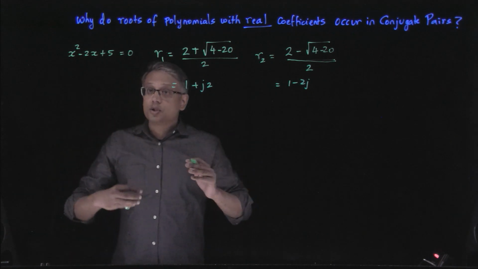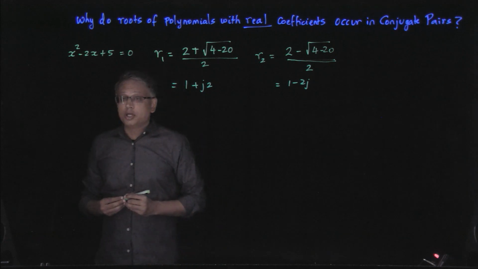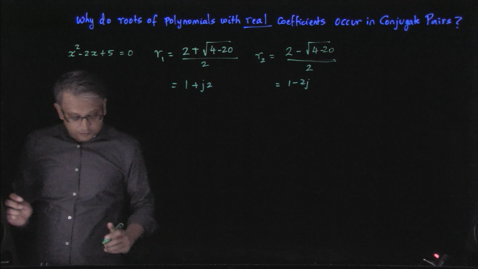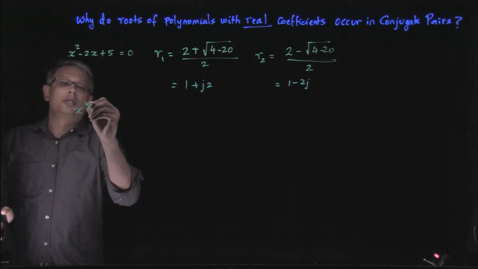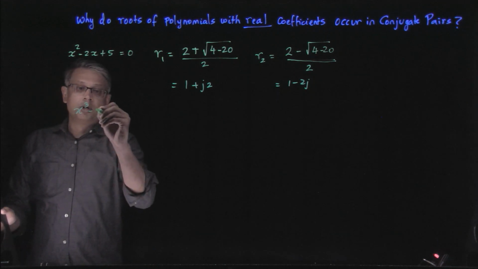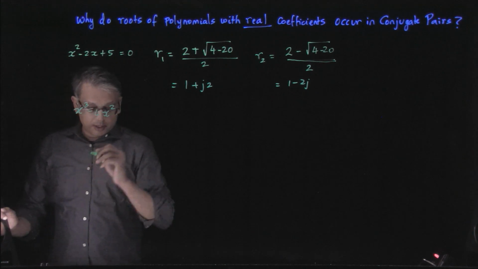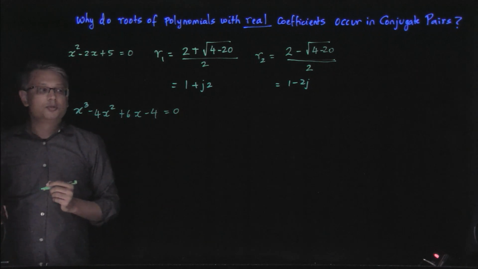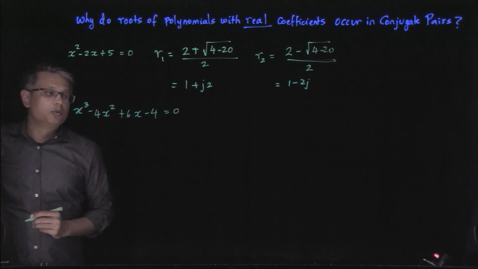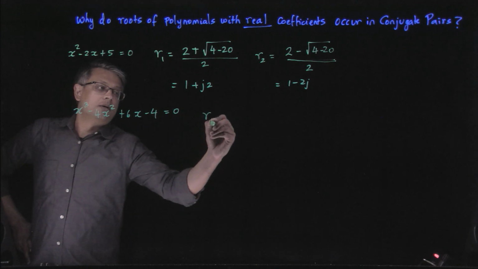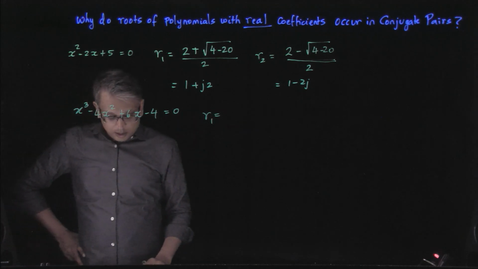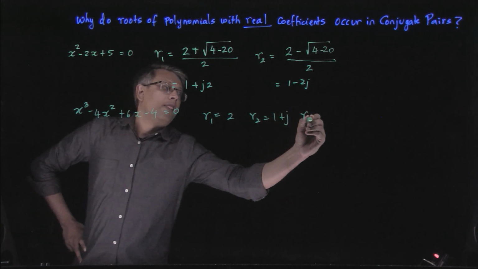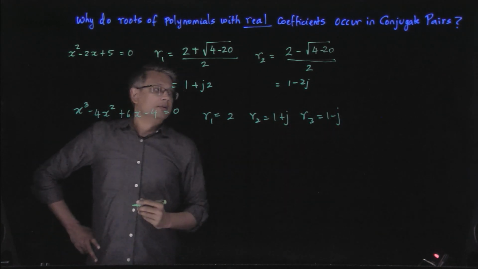And you will see that this is true for any quadratic equation which has real coefficients. And it turns out this is true in more generality. Let's say you have a cubic equation, x cubed minus 4x squared plus 6x minus 4 is equal to 0. If you compute the roots of this equation, it turns out that the roots are 2, 1 plus j, and 1 minus j.